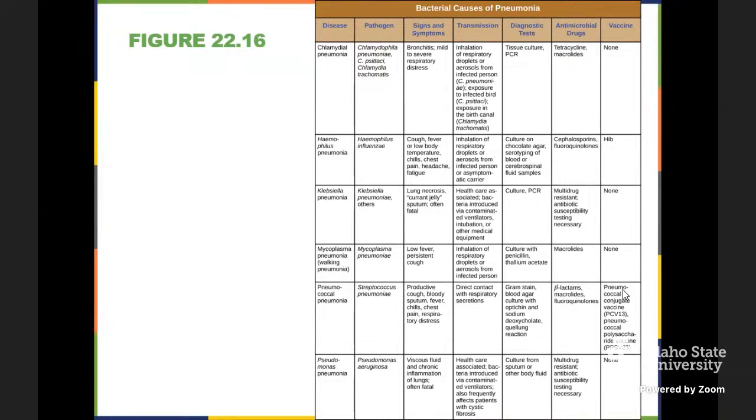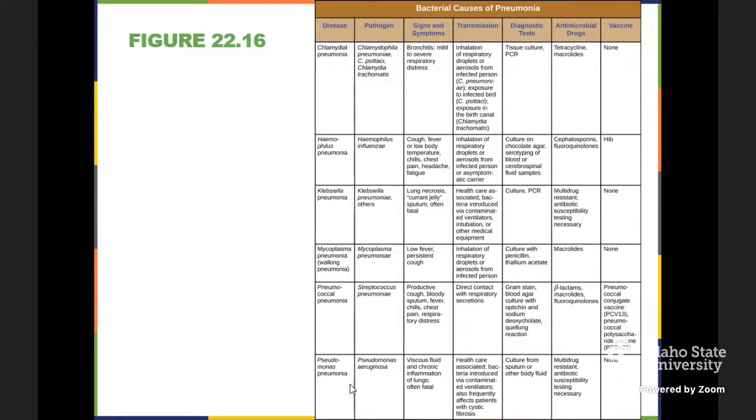There are some vaccines available for this. The numbers here tell you strains. There are boatloads of strains of Streptococcus pneumoniae. So 13 different varieties or strains with this one, and 23. And these are all different little fragments of the cell that the vaccine is able to be generated against.